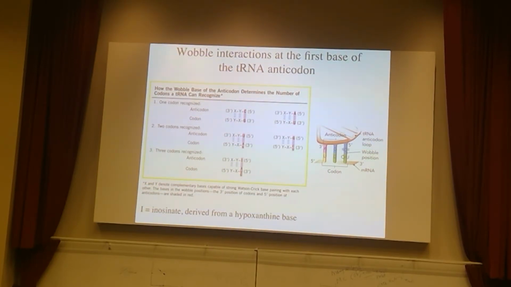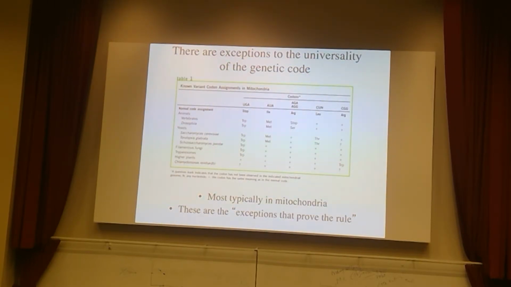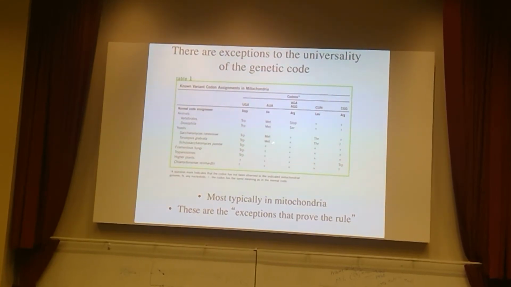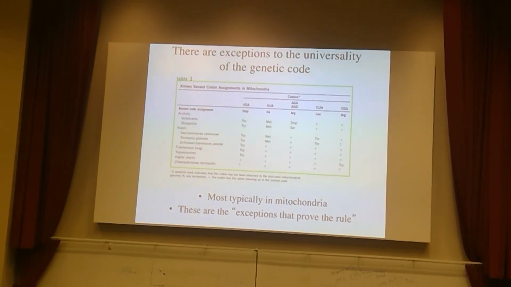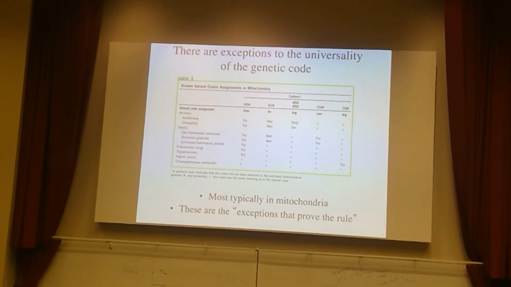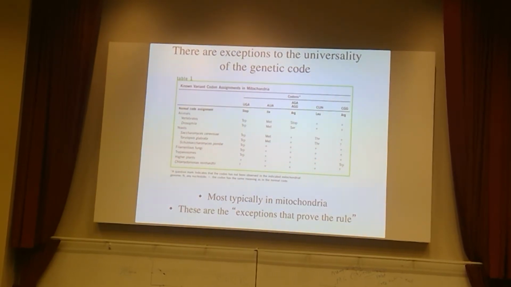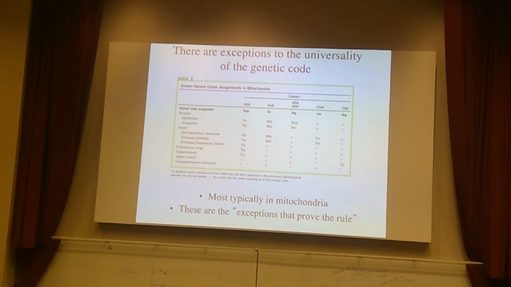And is it hard and fast? Is it 100% of the time? 99% of the time, that's the way that we read these things out. There are exceptions to the universality of the genetic code. Personally, I am astounded that it doesn't matter whether you're talking about humans or blue whales or microbes from a deep sea vent or a panther or an ocelot or a sloth, the same genetic code applies.